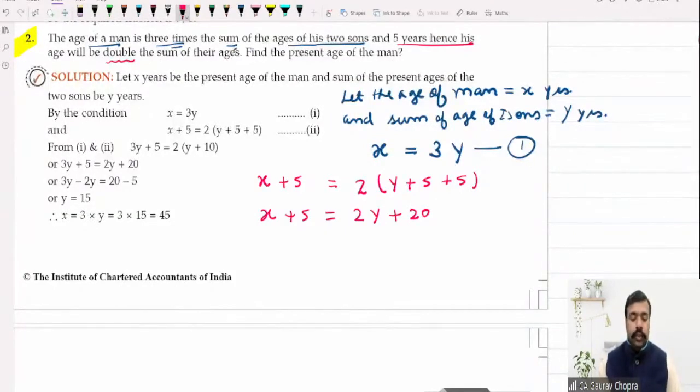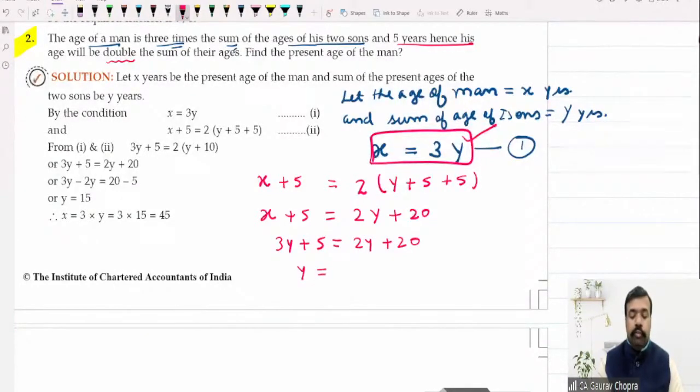Or simply what we can do, we can substitute the value of x. In place of x, we can put 3y. So 3y plus 5 equal to 2y plus 20. So we are simply getting y is equal to 15. The value of y is 15.